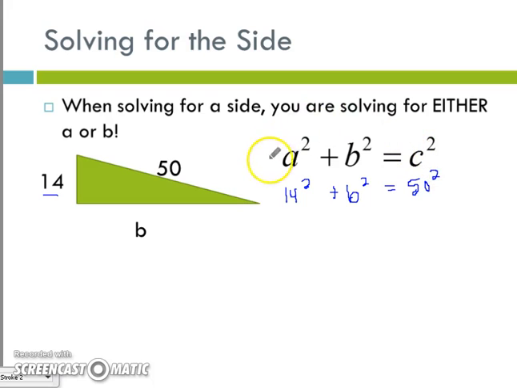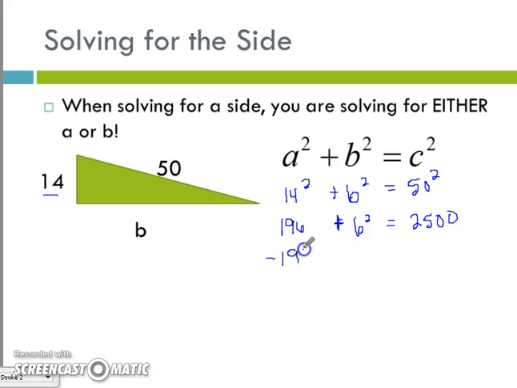We just have to do a couple different steps here. So 14 squared comes out to 196, plus B squared equals 50 squared, which is 2500. And now we just subtract because we're trying to get B squared by itself.